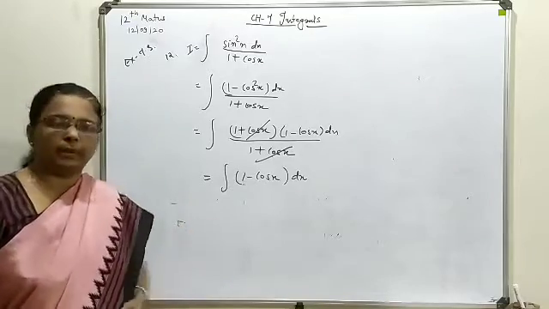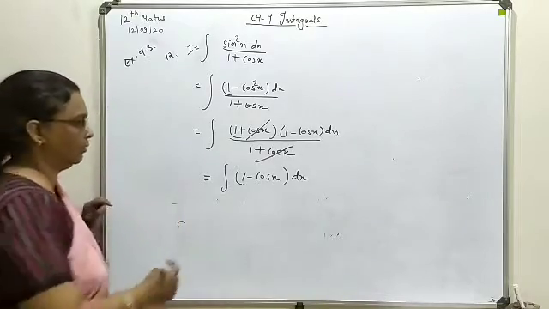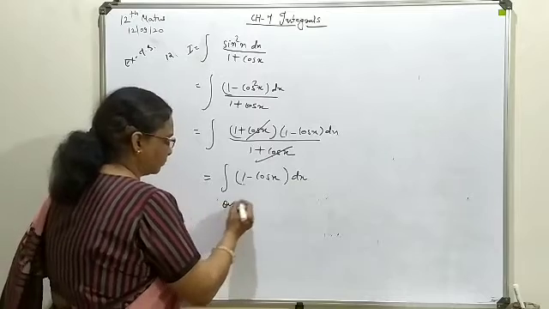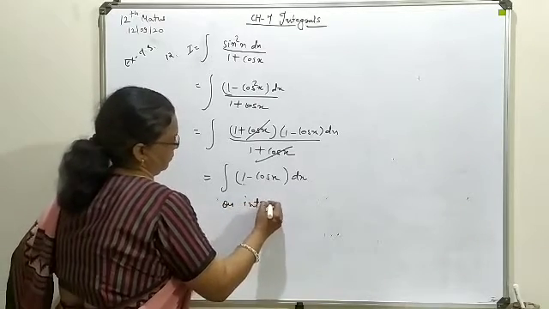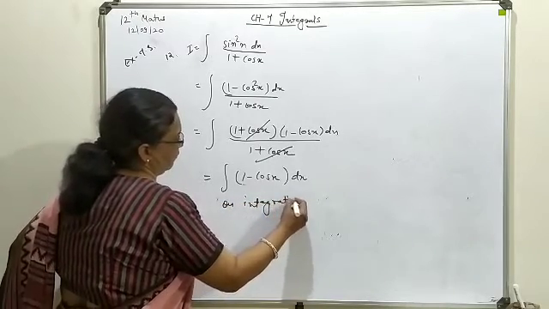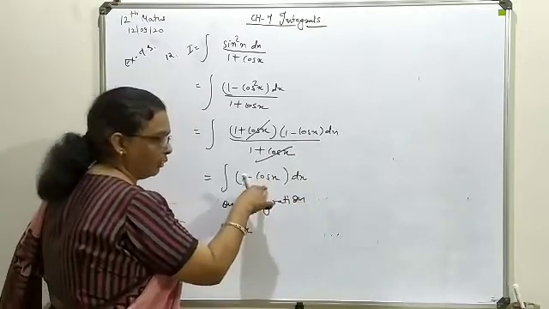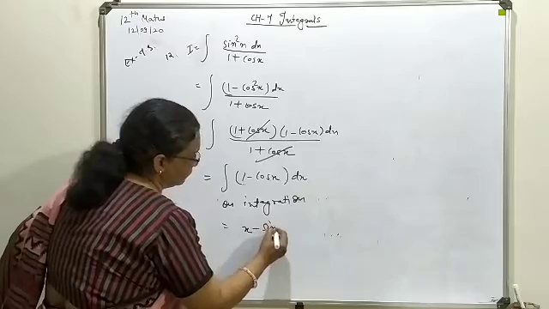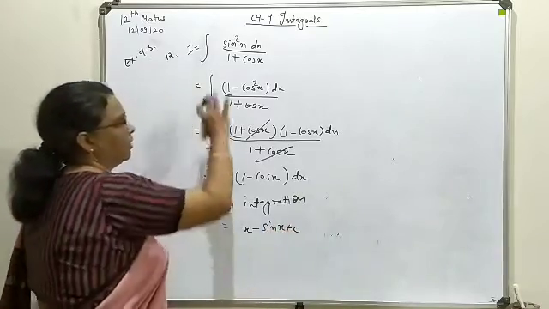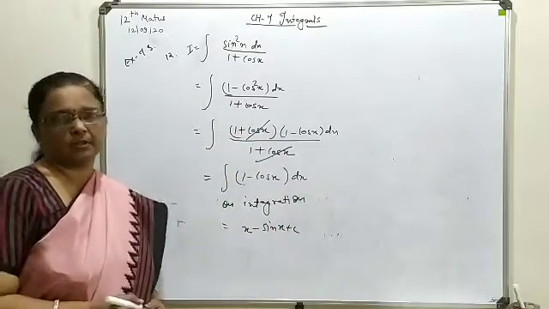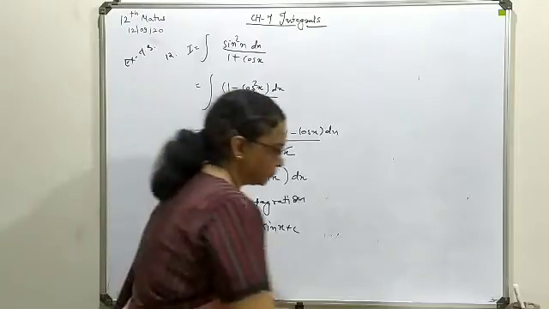Now easily it can be handled for integration. So on integration, integration of 1 is x, integration of cos is sine, and constant. So this way, this simple type of combinations are to be handled.